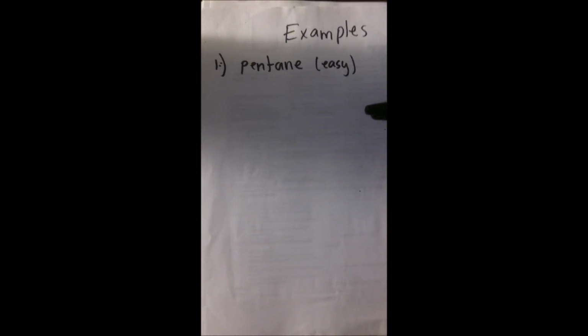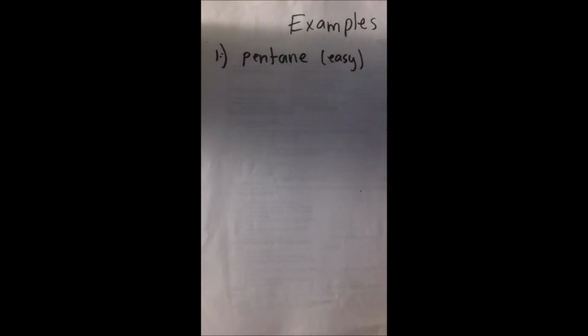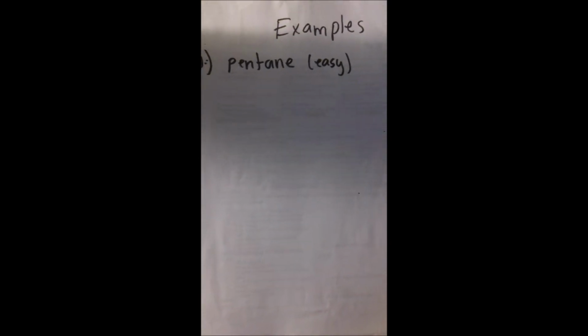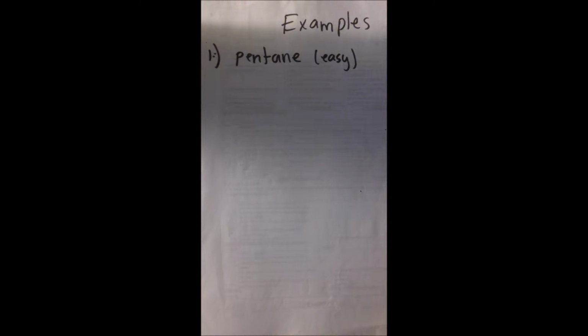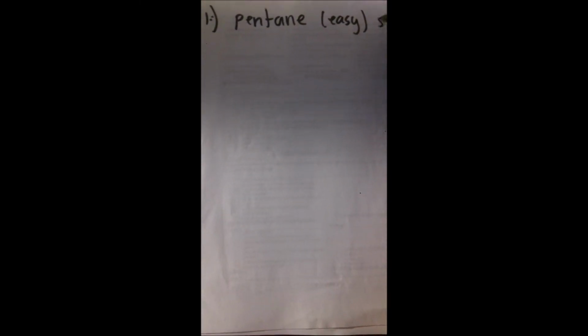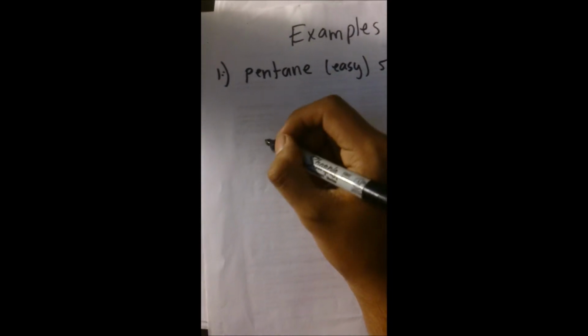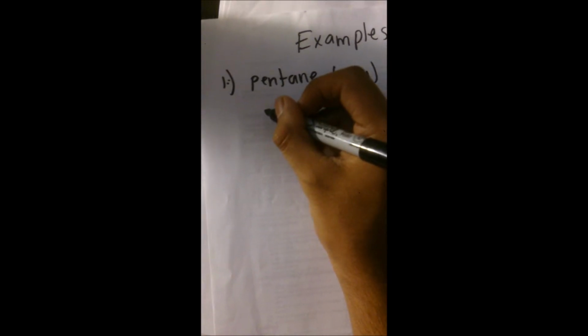Our first step is to identify how many carbons we are asked to draw. In this case, we're looking for the prefix pent. Pent stands for 5, so we're going to make our chain of 5 carbons.